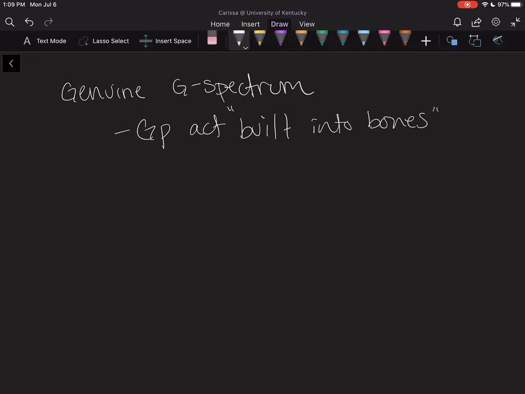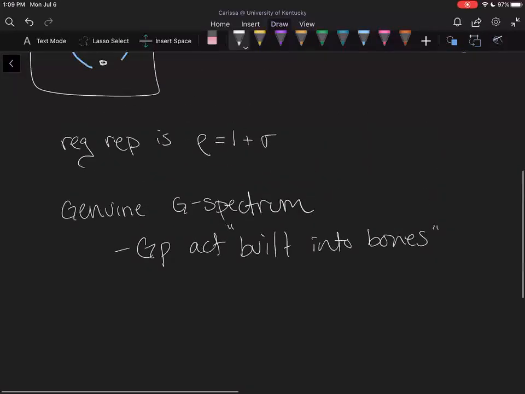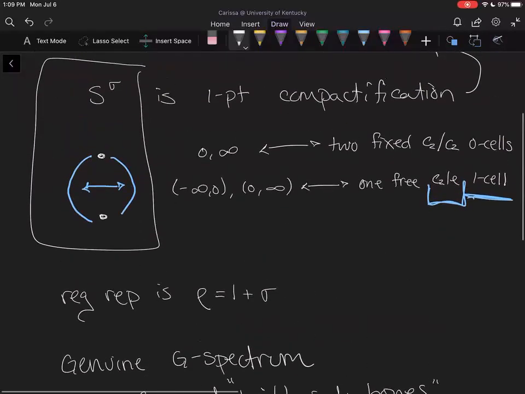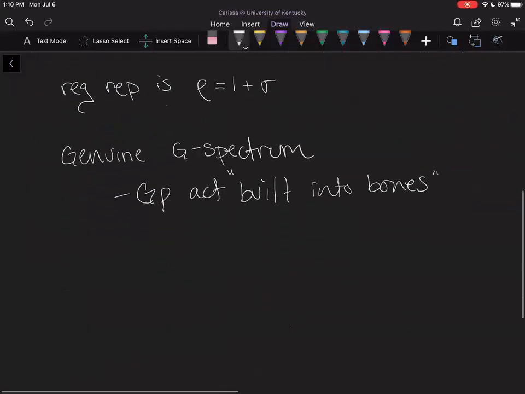That's how I like to think about it. It's an equivariant spectrum, but we construct it with the group action very much built in. For example, S^sigma, we keep track of the cells by orbits. So when we take the suspension spectrum of S^sigma, that's a genuine G spectrum.